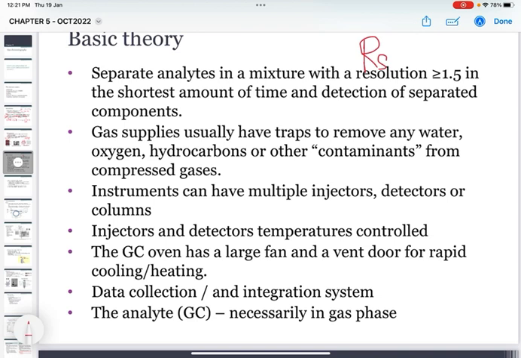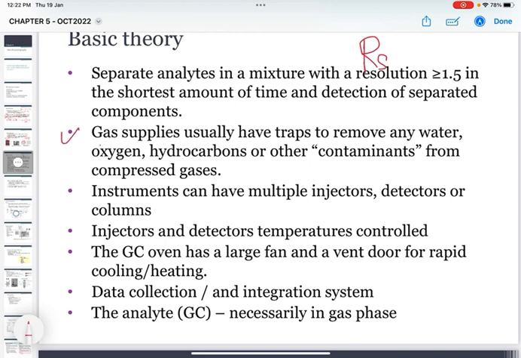It is indeed fast, because if you look back later, the column in gas chromatography is longer and has a smaller diameter, which can provide us good separation. Then the second one, gas supply usually has traps to remove any water, oxygen, hydrocarbon or other contaminants from compressed gas.